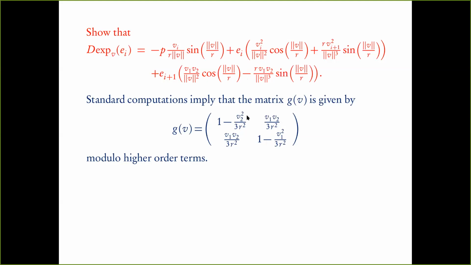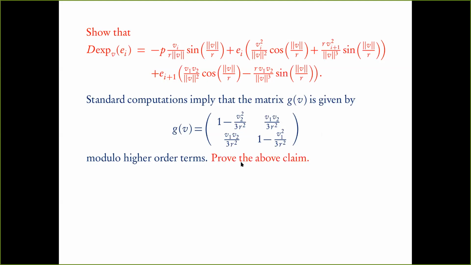So this is again modulo order 3 terms. This is not the whole thing, of course, but this is the constant, the linear, and the second order terms. Anything else which has a v2 cube or v1 square v2, all those terms are deleted from this expression. I only care about the matrix up to order 2.